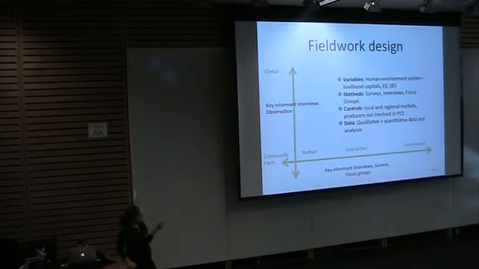I spoke to farmers who were participating in more coordinated dairy value chains, as well as, for controls, people who were selling into more local markets. I talked to producers who were both involved and not involved in payments for environmental services programs. And I collected a combination of qualitative and quantitative data, using both types of techniques to look at that.